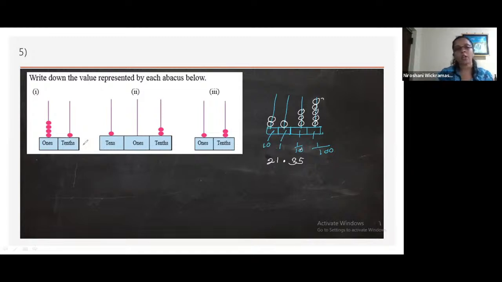Here the ones place 4 and 10th place 1, 4.1. Here tens place, ones place nothing. Ones place 1, 10th place 2, 1.2. Answer is 1.2.